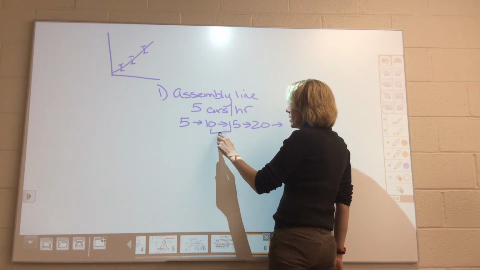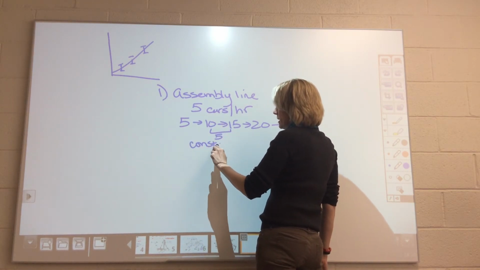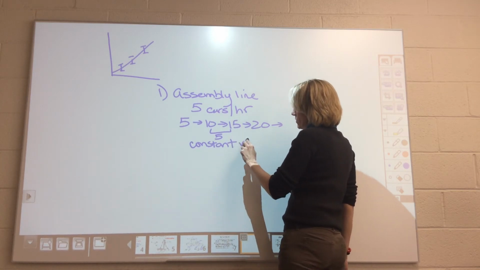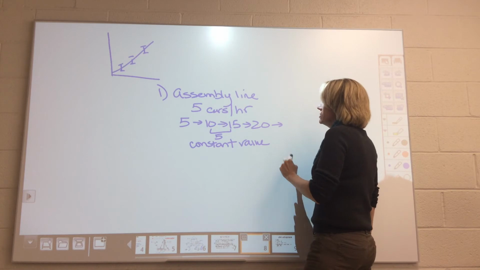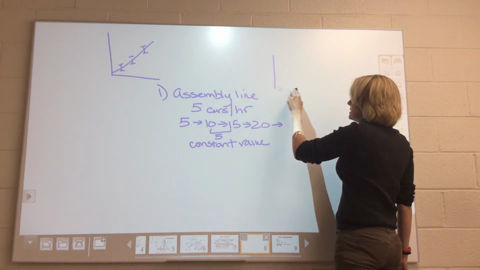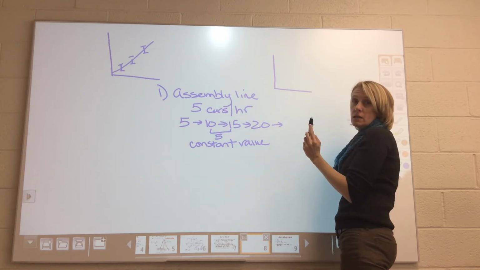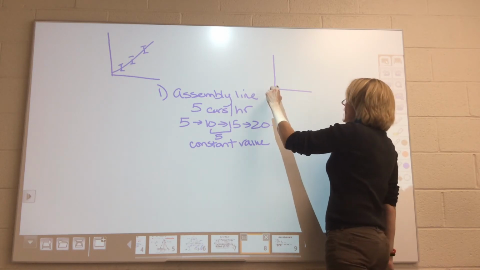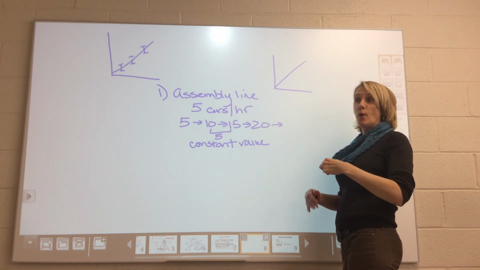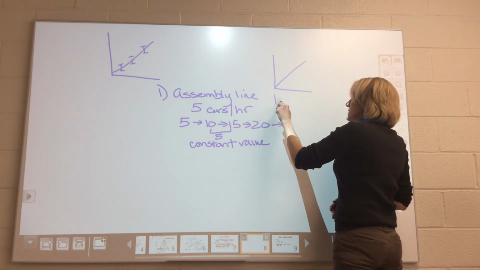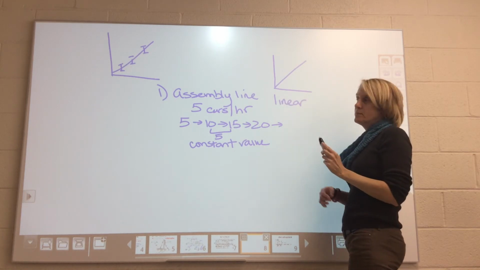So it's always going up by 5, right? So it's increasing by a constant value each time, a constant number, right? That's not changing. If you were to graph this, if you think about it, 5, 10, 15, 20, what's it going to give you? What kind of line? It's going to give you a perfectly straight line, right? Because it's going up by a constant amount. So this is going to give you a linear relationship.